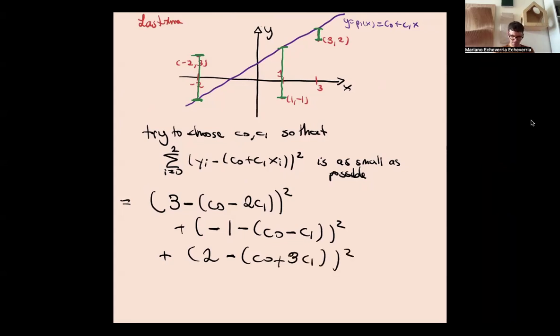Okay. So that is the squares of the errors added together, the sum of the squares of the errors.